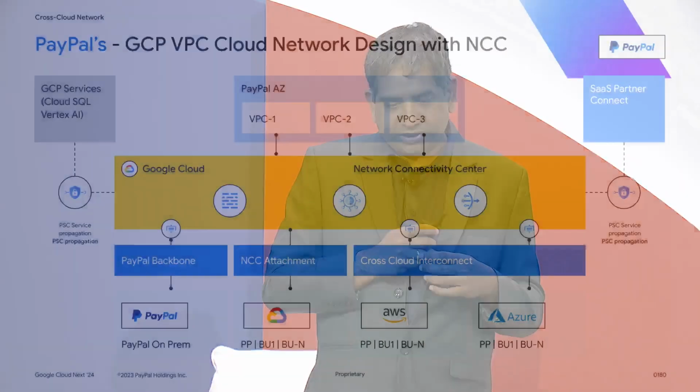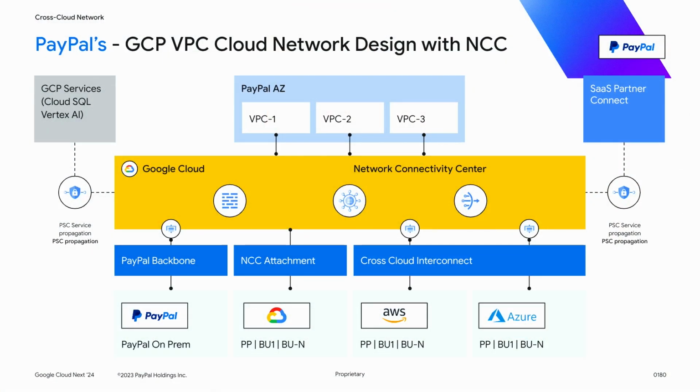So to give a more comprehensive idea about this latest generation network design, it is based on NCC as the center point. NCC in this case is the hub, a hub-and-spoke model. It provides fine-grained routing controls, and it provides service chaining opportunities where the traffic is treated in a multi-stage manner. We are leveraging, obviously, our own backbone for connecting to on-premise environments and other clouds where possible.